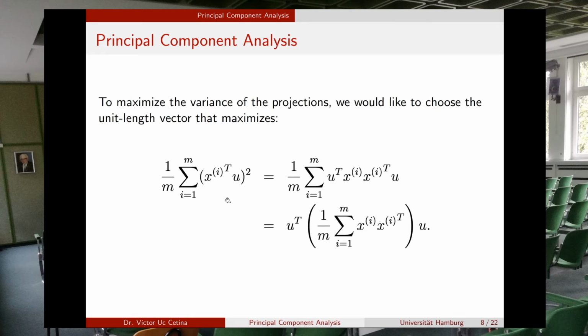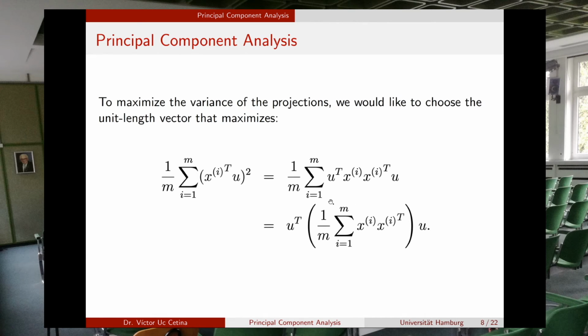covariance matrix. Okay. Now, if we rewrite this, we can see that first we can get this expression here, and then we can move the u to the left and keep this to the right, and we will have this expression here.